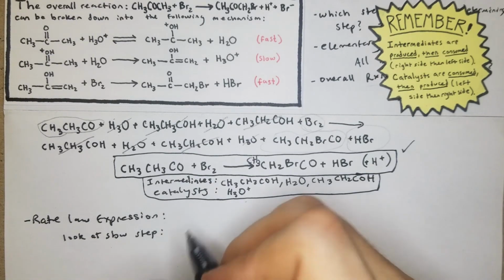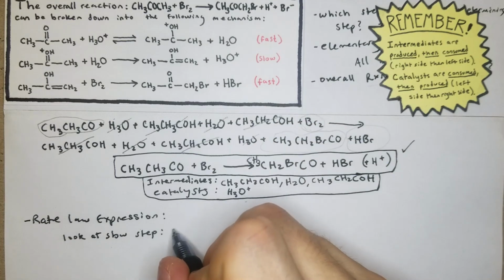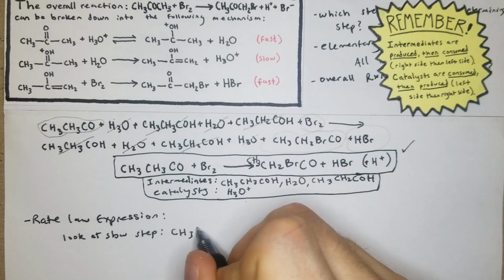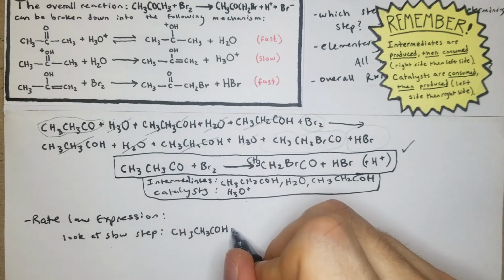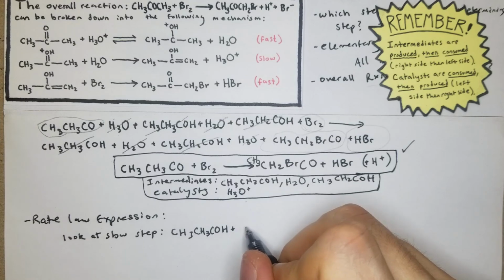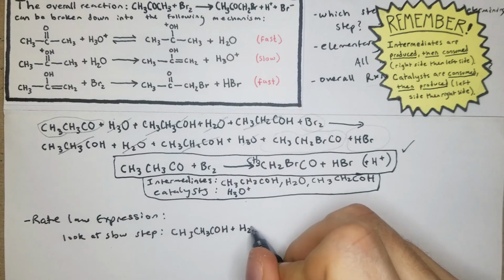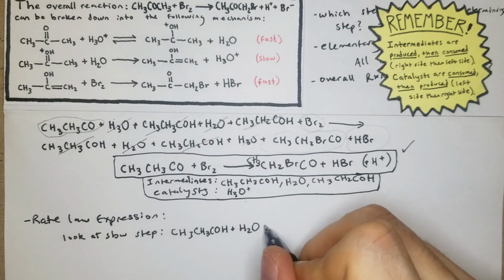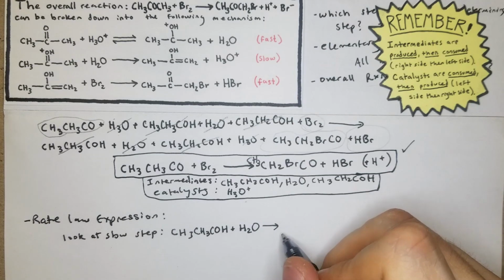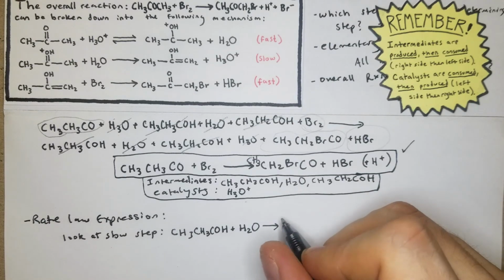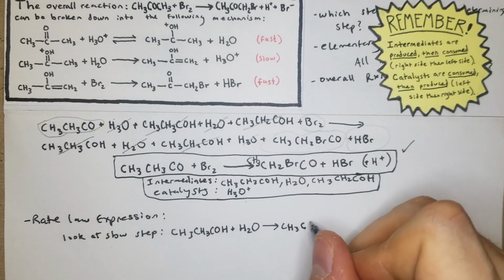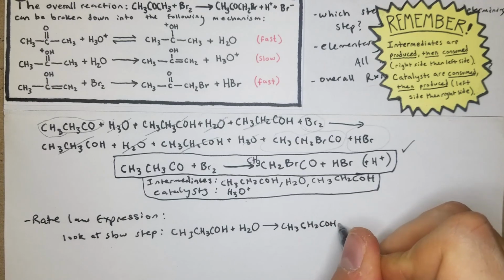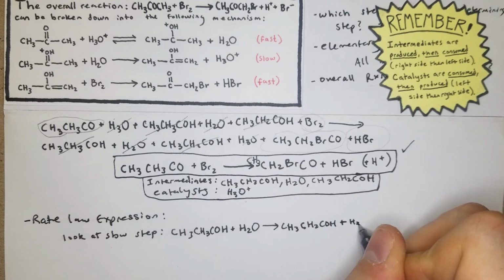It's right up here: CH3CH3COH plus H2O yields CH3CH2COH plus H3O.